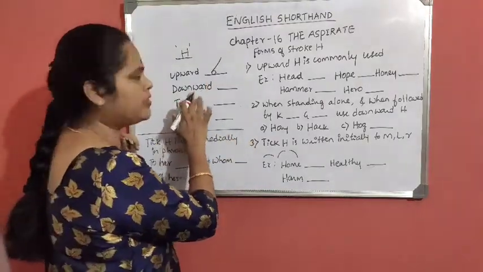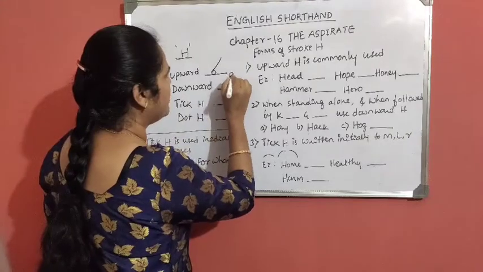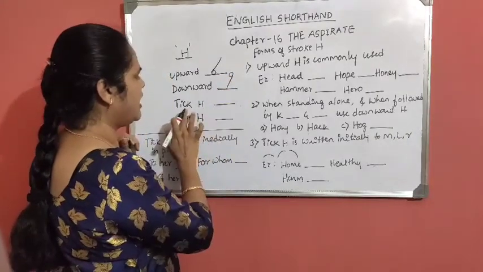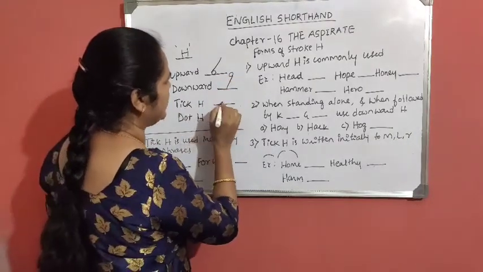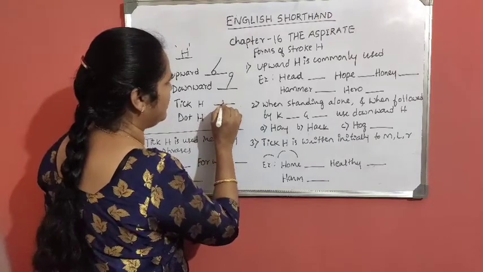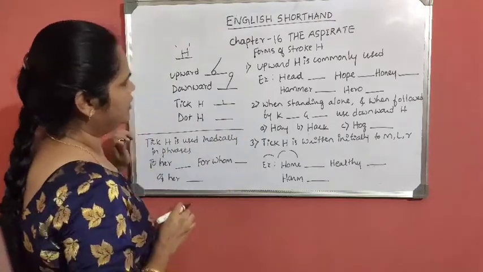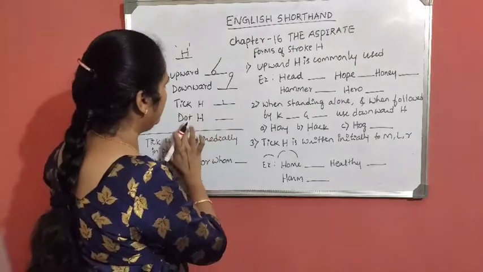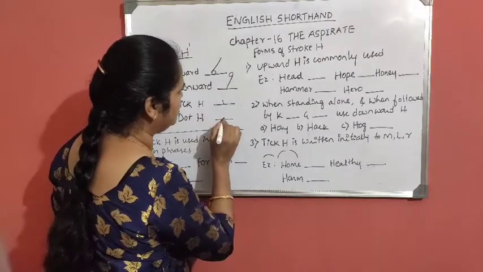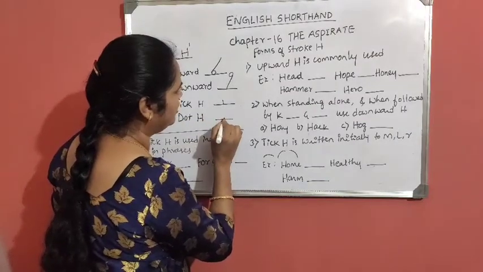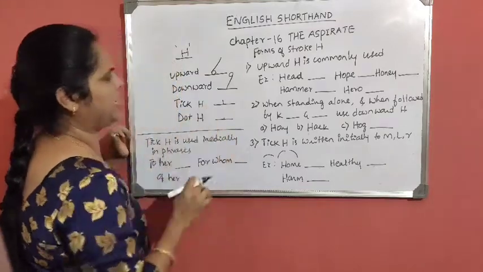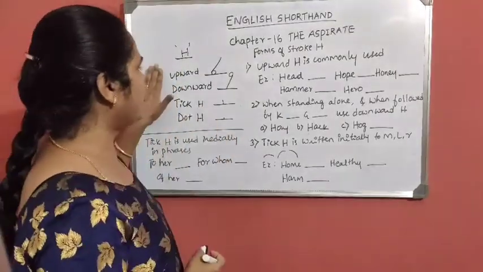The second form of H is downward, like this we have to write. And one more form, that is tick H. A small tick like this we have to write for a stroke H. And next one is dot H. One dot we have to write for the stroke H. There are four forms of H.